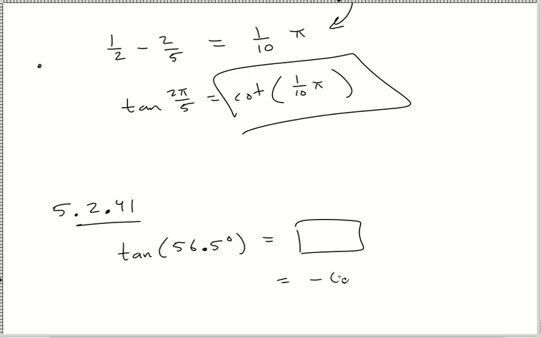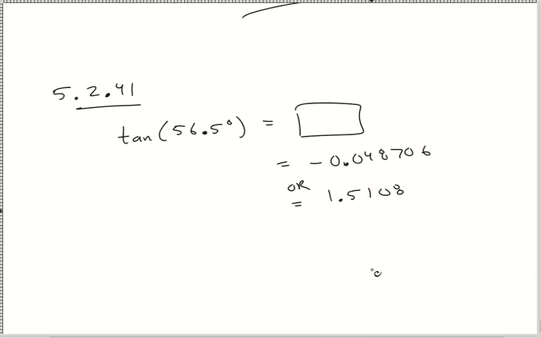I got negative 0.048706, or I've got 1.5108. How do I get two different answers from my calculator? Well, it's again radians and degrees. So this one here is actually from my degree mode. And this is from my radian mode.